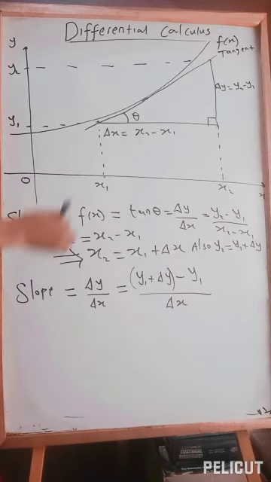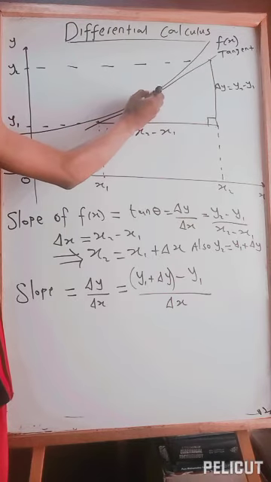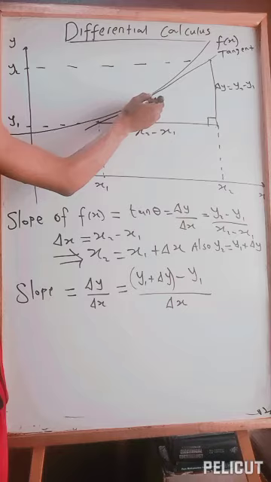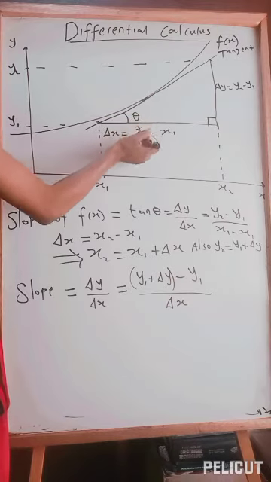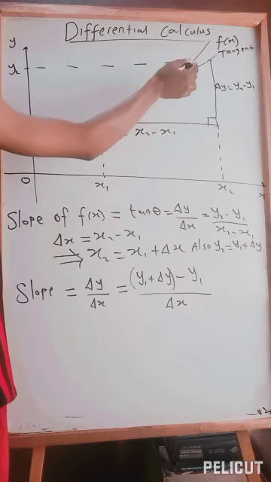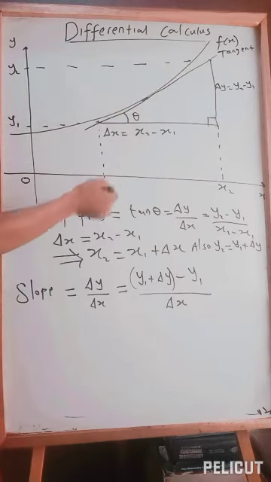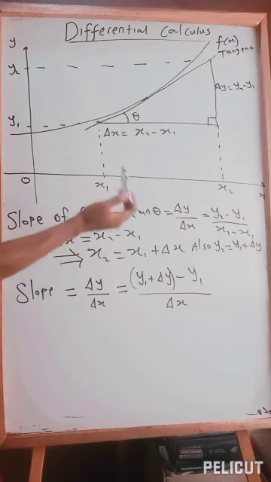Okay, but looking at this tangent line, you will agree with me that the point here is actually a short distance. The distance between x1 and x2 should be very short, but because I want it to be obvious, that is why I have introduced a triangle that looks way too big.